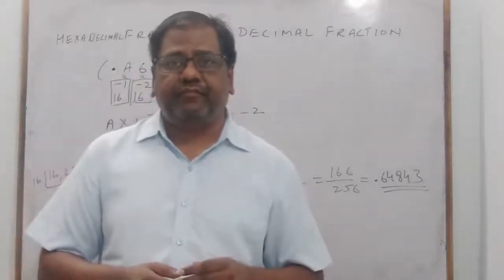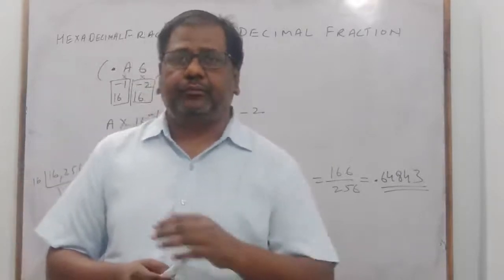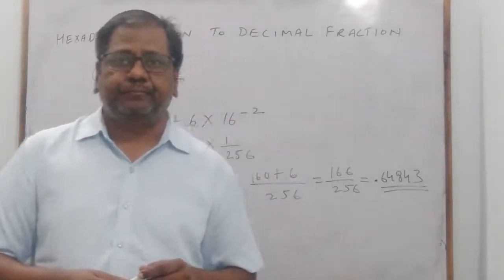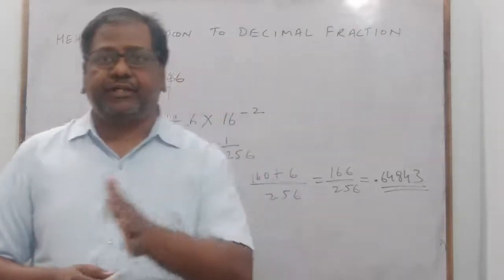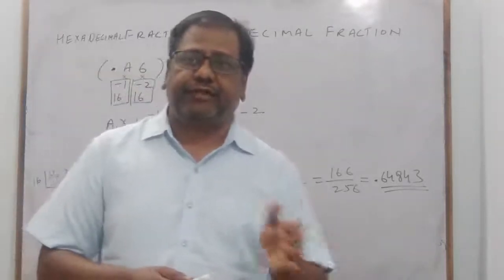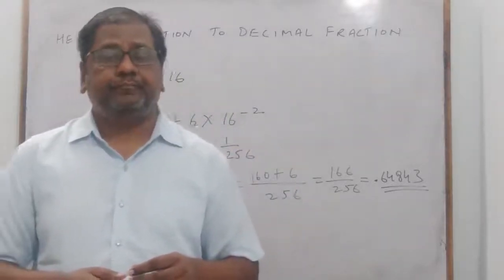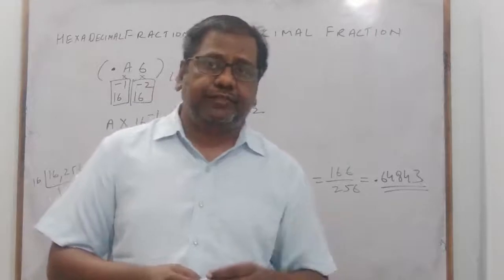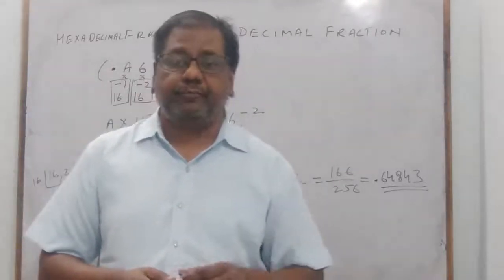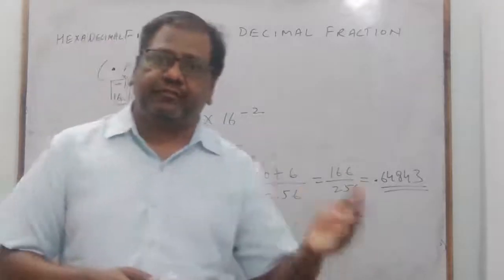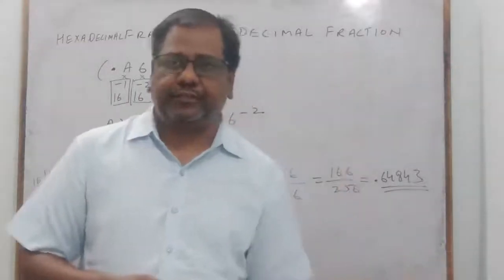As well as we referred to in the last term: binary fraction to decimal fraction, decimal fraction to binary fraction, decimal fraction to octal fraction, hexadecimal fraction to decimal fraction. And today what we are seeing is the vice versa of it: binary fraction to decimal fraction, octal fraction to decimal fraction and hexadecimal fraction to decimal fraction.